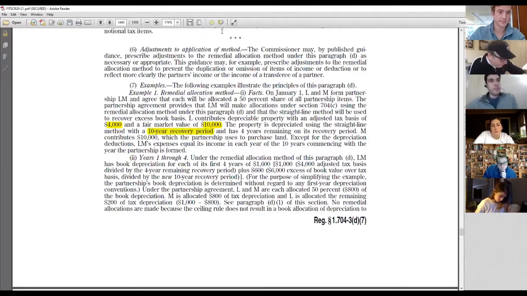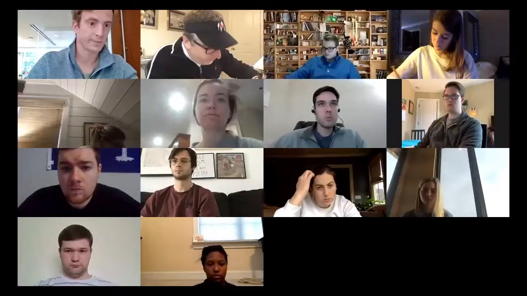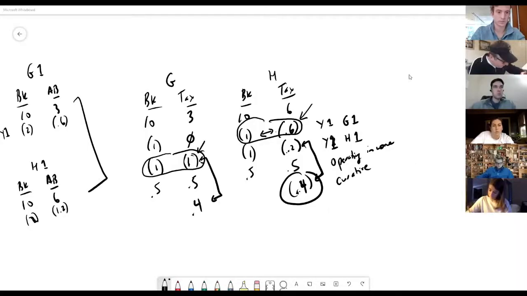That's the original recovery period, and it has 4 years left. M is going to contribute cash, which the partnership uses to purchase non-depreciable land. So again, it's pretty straightforward stuff to start.